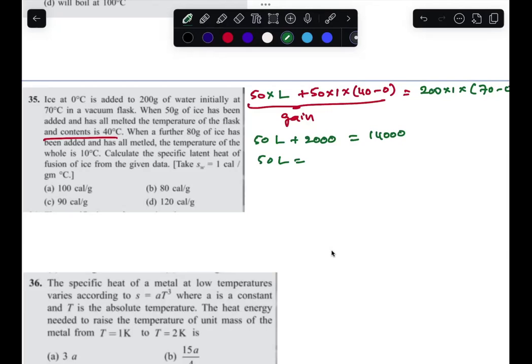So 30L is 1200 plus 1500, 2700. Implies L is 90 calorie per gram.